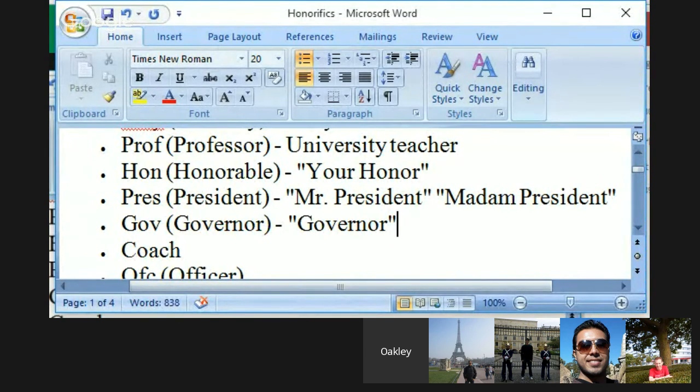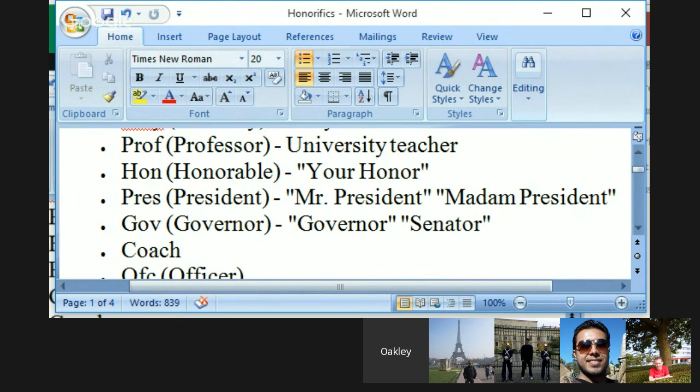Governor is used to direct the person responsible, the administrator of a state or a territory in some cases.